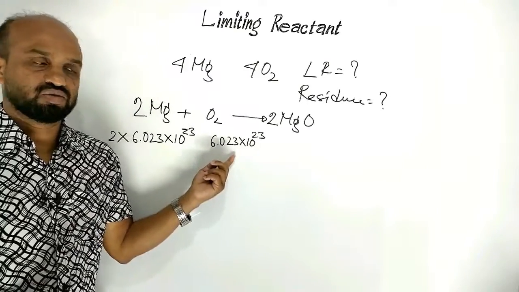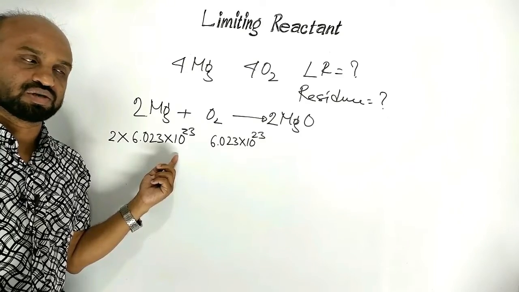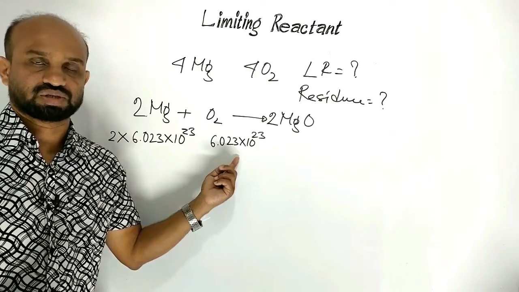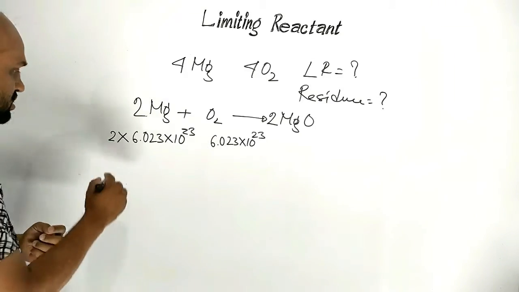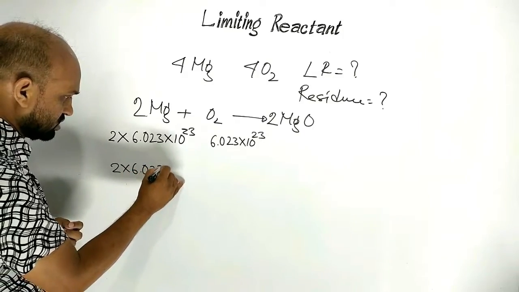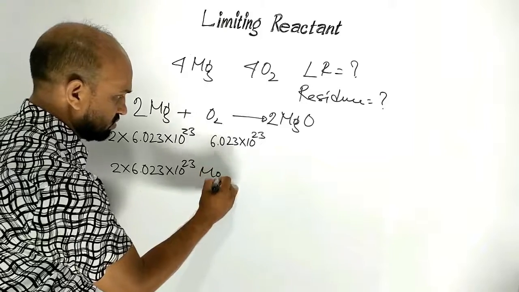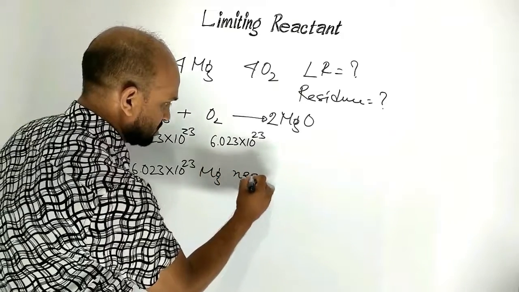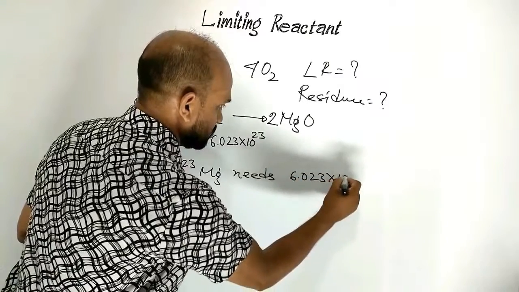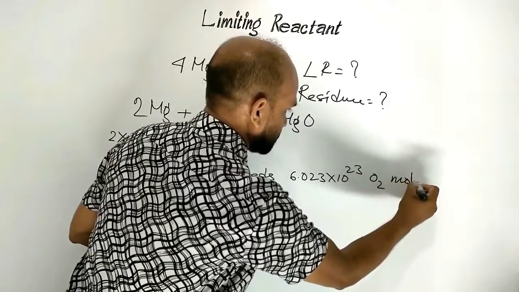From this reaction we can say that this number of magnesium atoms reacts with this number of molecules of oxygen. Let's write: 2 into 6.023 into 10 to the power 23 magnesium needs 6.023 into 10 to the power 23 oxygen molecules.